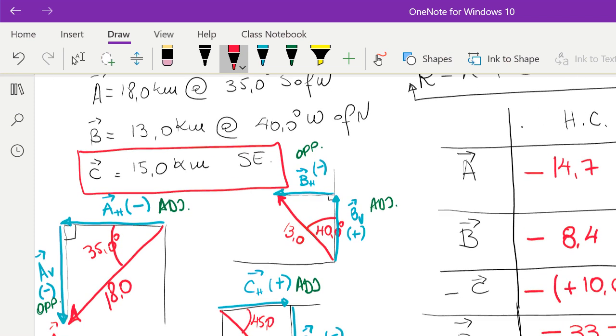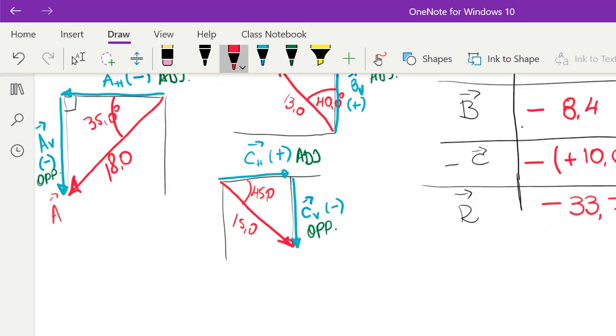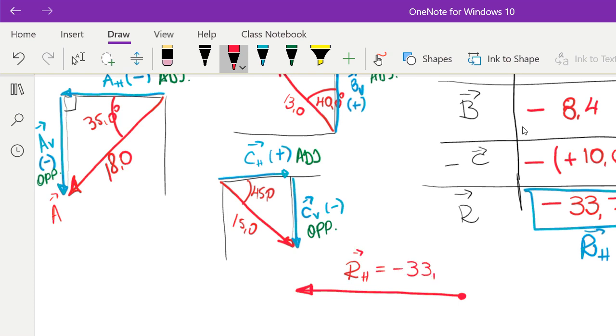So those two numbers are telling us that those are the horizontal component of the resultant and the vertical component of the resultant. Graphically, those will be represented like this. A horizontal component, since it is negative, is going along the west. So horizontal component is negative 33.7.